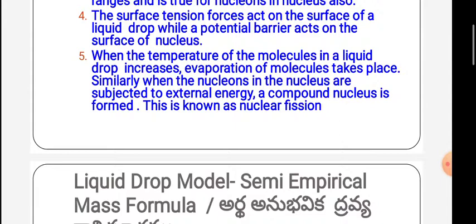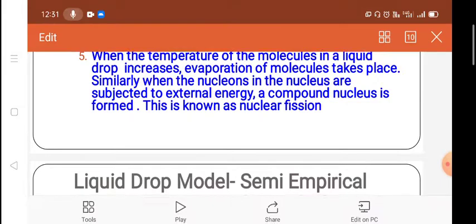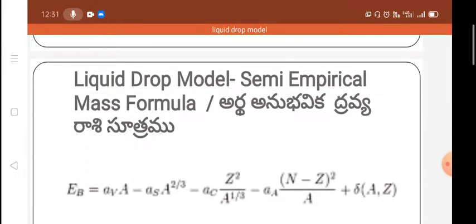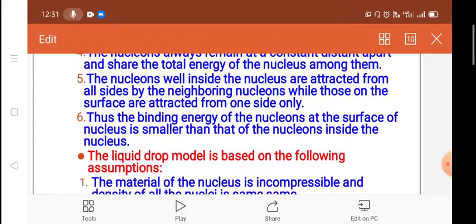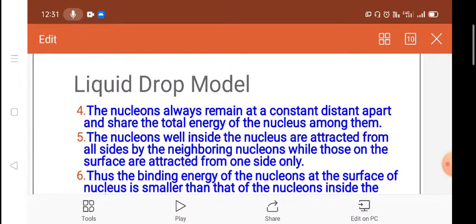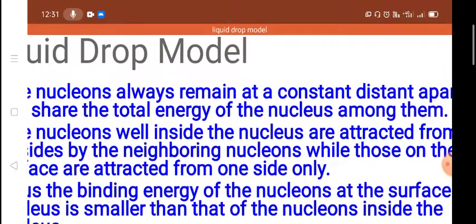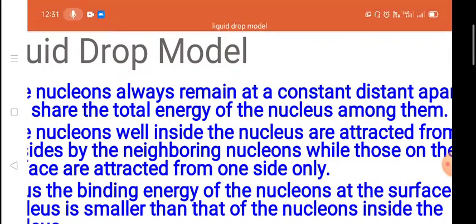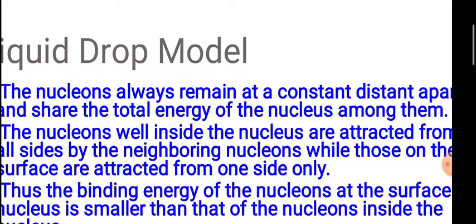The density of the liquid is independent of its size. Similarly, the density of the nucleus is also independent, as we have earlier discussed in the properties of the nucleus. Molecules or atoms in the liquid are attracted by short range forces. Similarly, nucleons in the nucleus are attracted by short range nuclear forces.